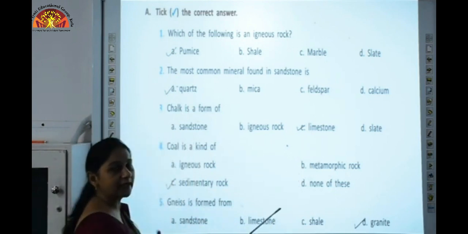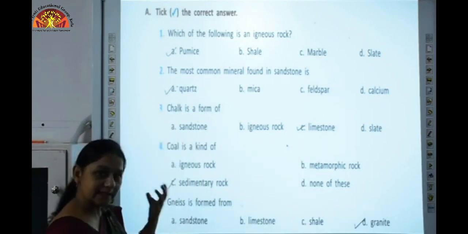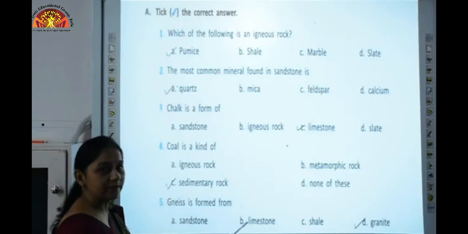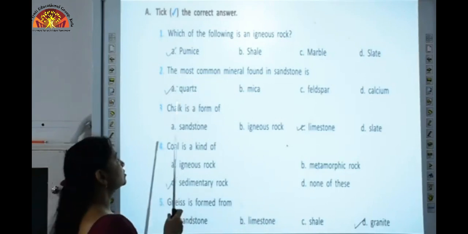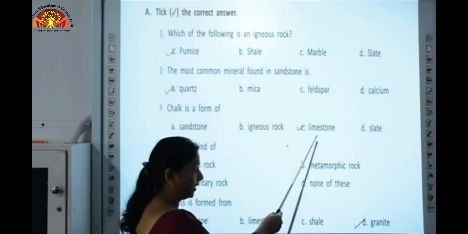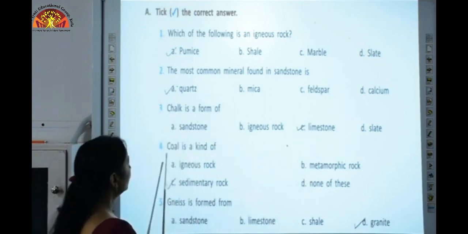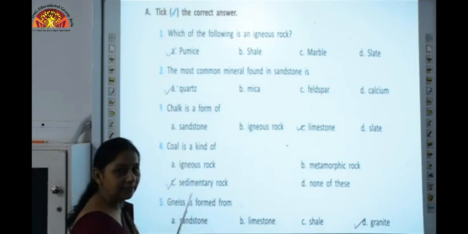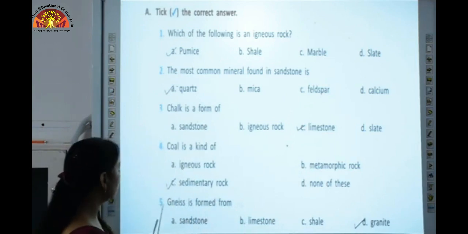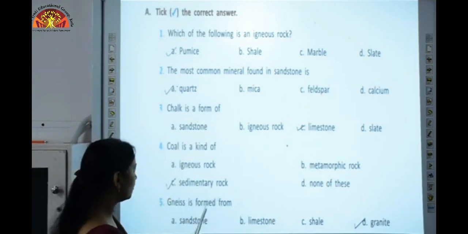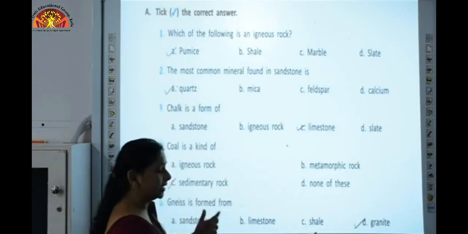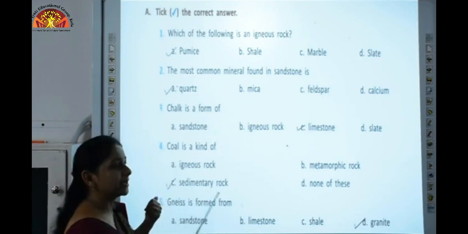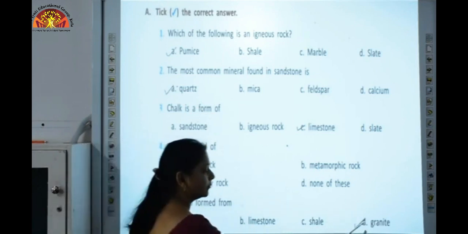As I told you when I explained limestone, that it is a sedimentary rock, and limestone contains mostly calcium mineral in it. So chalk is also a form of limestone. Coal is a kind of sedimentary rock. The last one is gneiss is formed from granite, and granite is again an igneous rock. Gneiss is a metamorphic rock which is formed from granite.